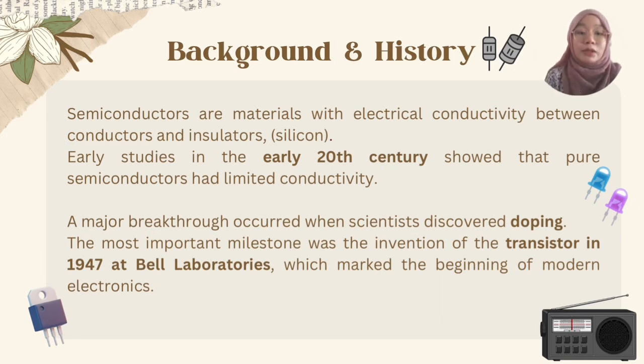Doping is a process of adding impurities to control electrical properties. This led to the development of P-type and N-type semiconductors. The most important milestone was the invention of the transistor in 1947 at Bell Laboratories, which marked the beginning of modern electronics.